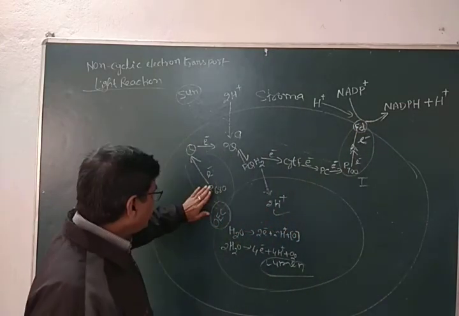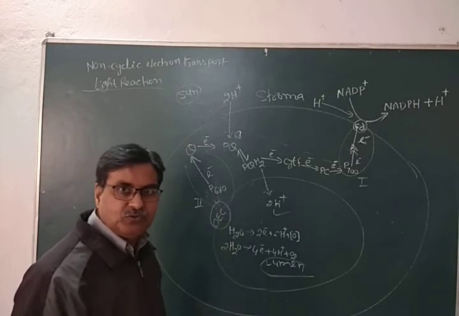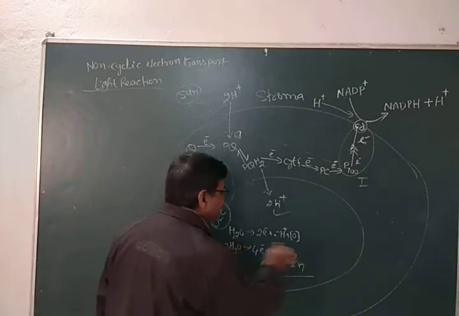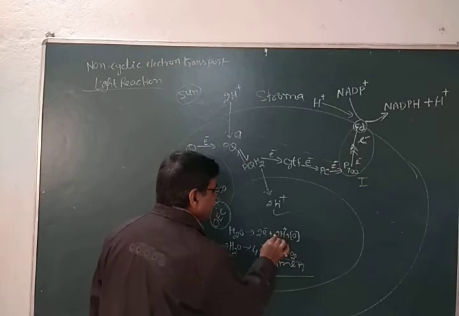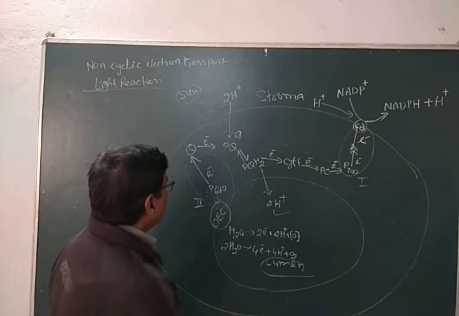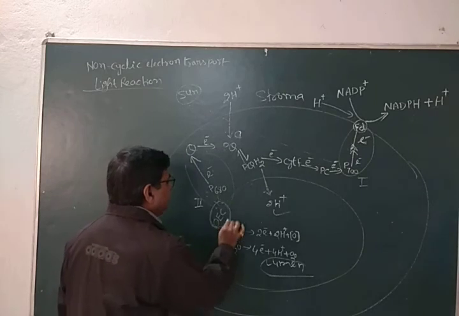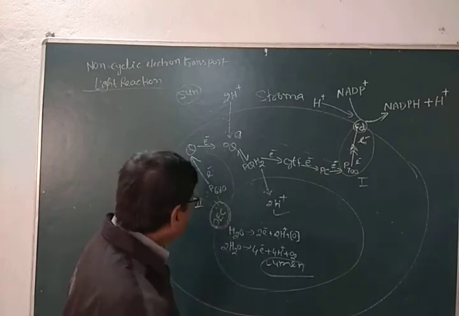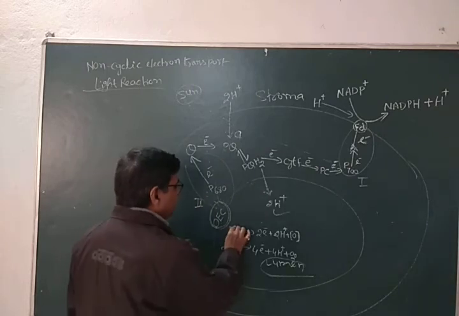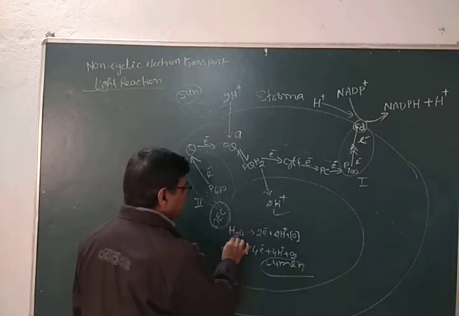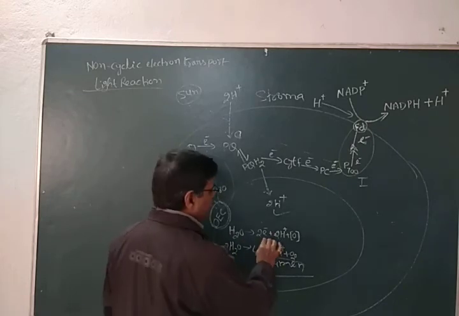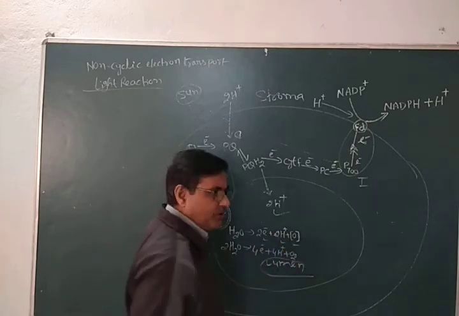Likewise, for the reduction of this photosystem 2, the electron comes from the splitting of water. Now you can see here that there is the splitting of water. So photosystem 2 is also associated with the oxygen evolving complex, where in the presence of light energy there is the splitting of water, and the water breaks to form electron, proton, and oxygen.